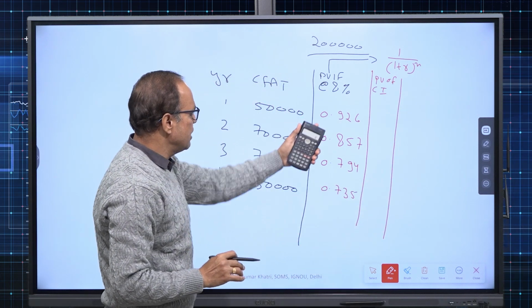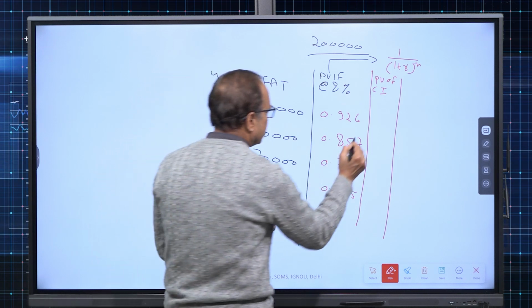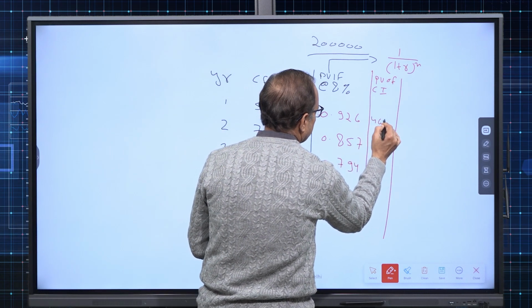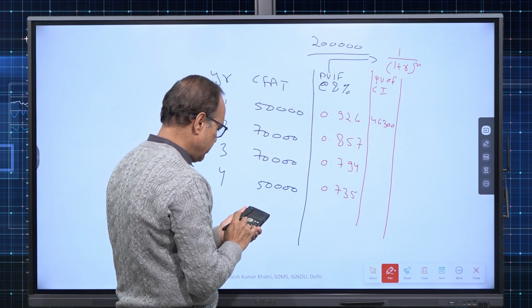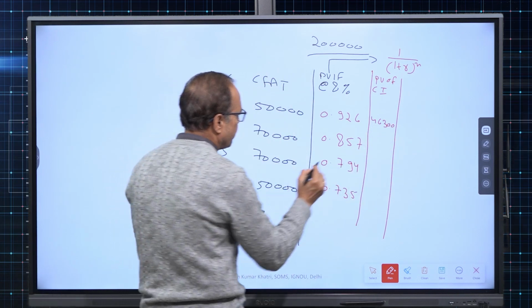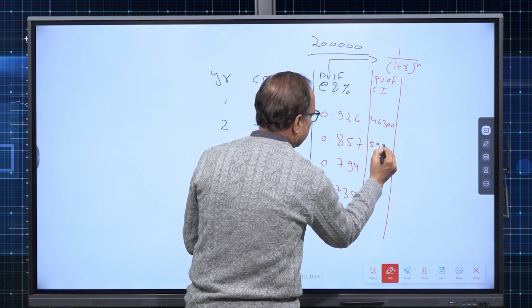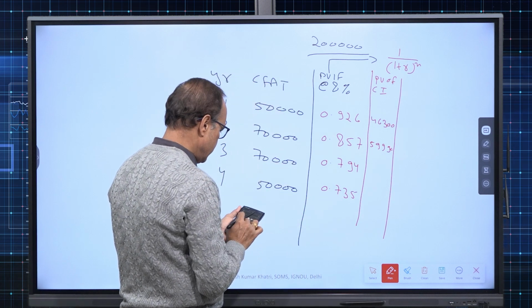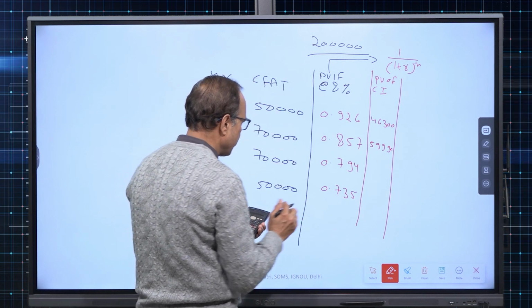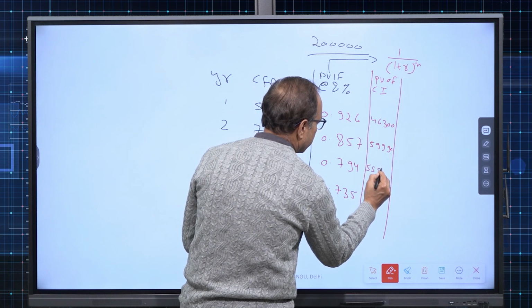So, 50,000 multiplied by 0.926, we get 46,300. Then 70,000 multiplied with 0.857, 59,990. Then 70,000 multiplied by 0.794, that is 55,580.